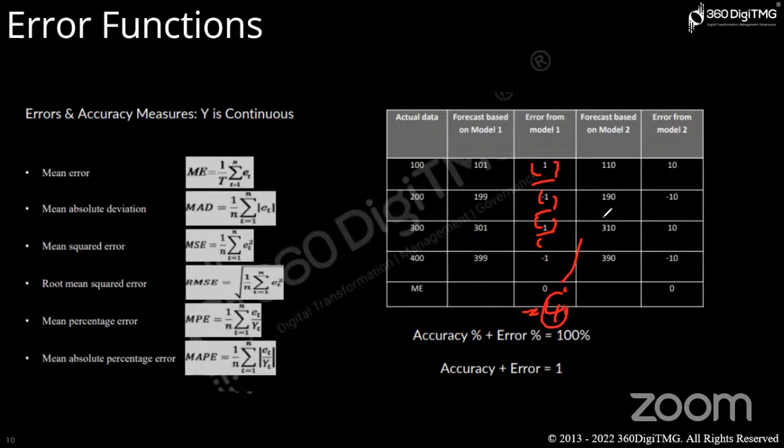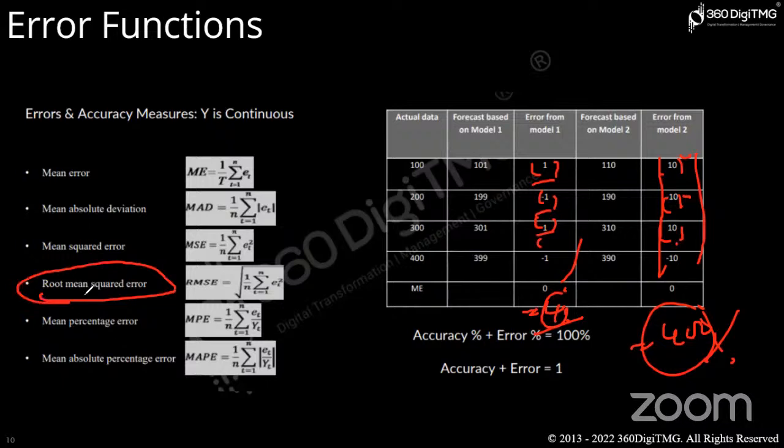But when it comes to this two-digit number, will you get the same when you square it? When you square it, you'll get 400. But is it the actual error we have? No. This is the actual error we have. To avoid that, what will we do? We'll go with root mean square error. What happens in square error?